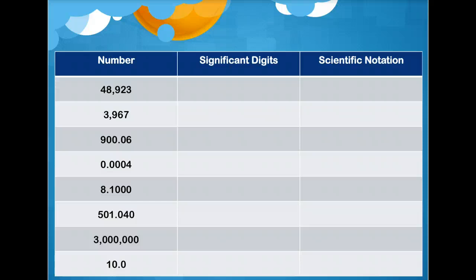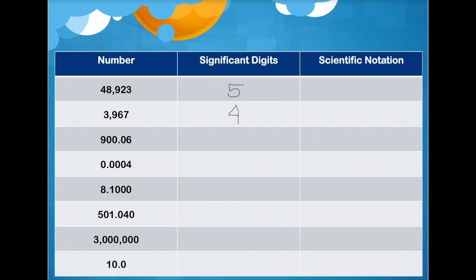This has 5 significant digits. Okay, these are all non-zeros, so they're all significant. Okay, how many do you think this one has? You can pause the video when you think you have it, restart it. Okay, this one has 4 significant digits.